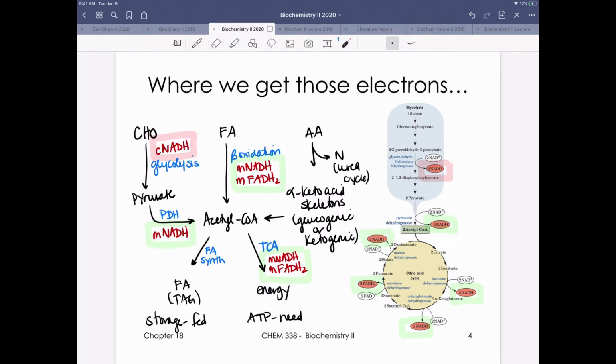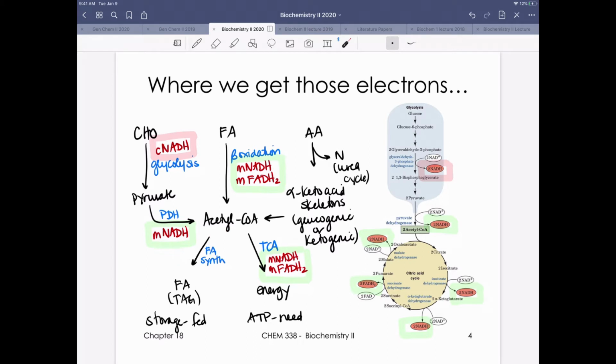Importantly, we have cytosolic NADH that's generated there. We also have cytosolic ATP that's generated, just a little bit in that glycolytic pathway. The endpoint of glycolysis is pyruvate. Pyruvate undergoes further oxidative decarboxylation by pyruvate dehydrogenase to generate acetyl-CoA.